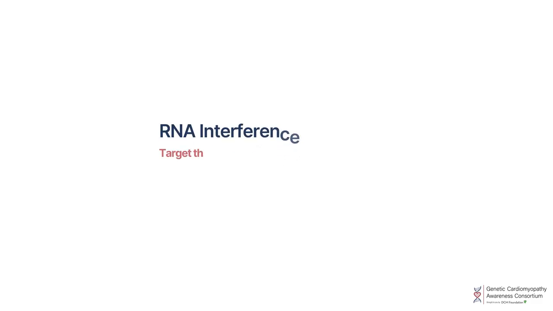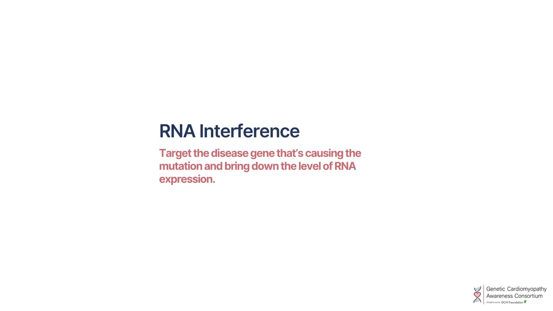Another way of addressing the problem is to target the disease gene that's causing the mutation and bring down the level of RNA expression. And that's what we call interference RNA or short hairpin RNA that's very specific to that disease gene.